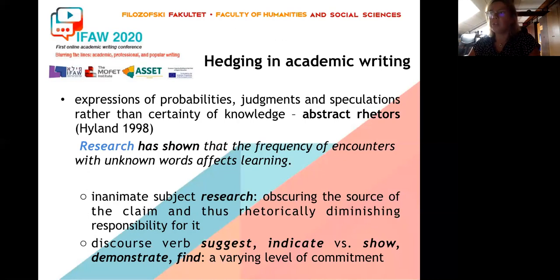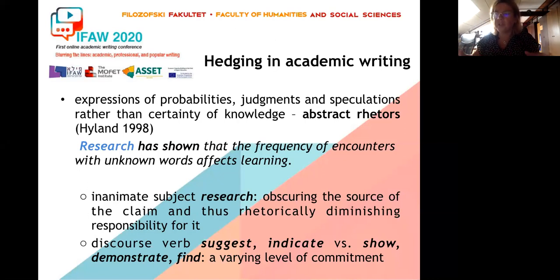A typical exponent of this suppression of the author's visibility is, in Hyland's term, the concept of abstract rhetorics, right? So we have expressions of probabilities, judgments, and speculations rather than certainty of knowledge.